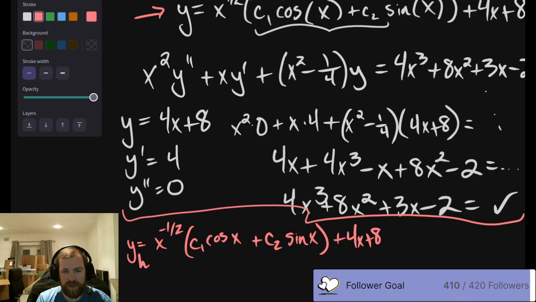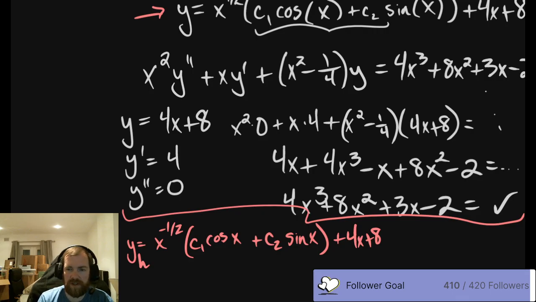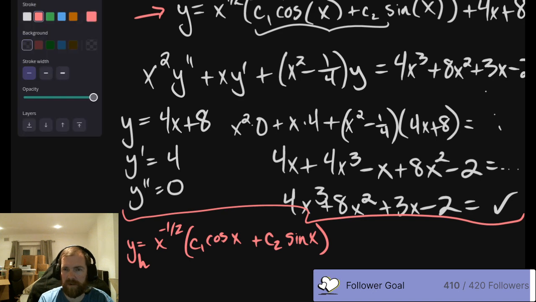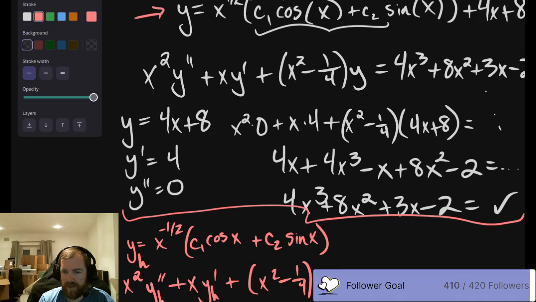And again, if we want to just make it the homogeneous solution, just to show that this other part does come out to be 0, this is going to be x squared y homogeneous double prime plus x times y homogeneous prime plus x squared minus a quarter times y homogeneous is going to be equal to 0.